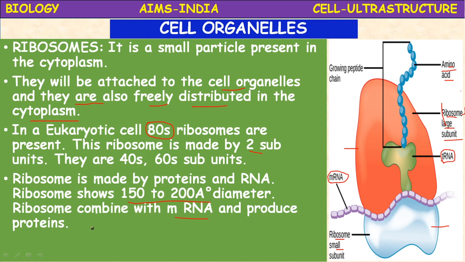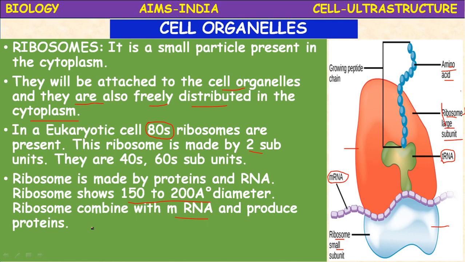So the ribosomes are made by proteins and RNA, with a diameter of 150 to 200 angstroms. The ribosome combines with mRNA and produces proteins.